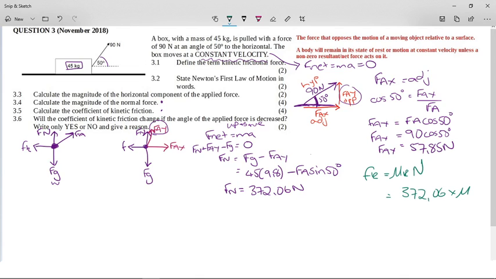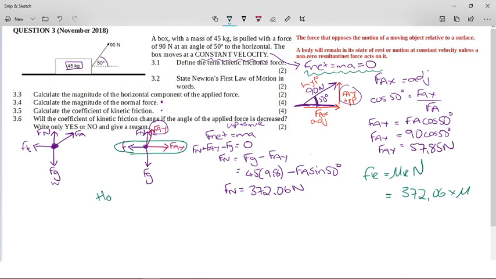Mu we're trying to find. But what is the force of kinetic friction? How are we going to work this out? If you have a look at my diagram over here, I only have 2 forces in the horizontal plane, and remember my system is in equilibrium, so F net equals ma.